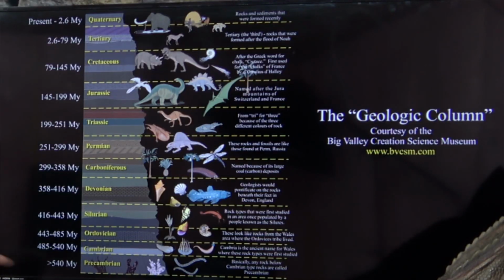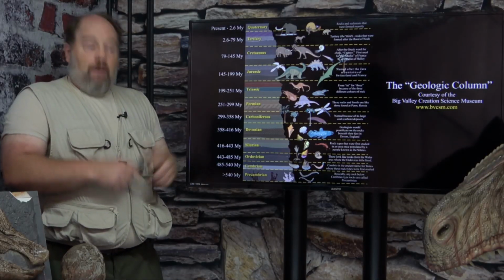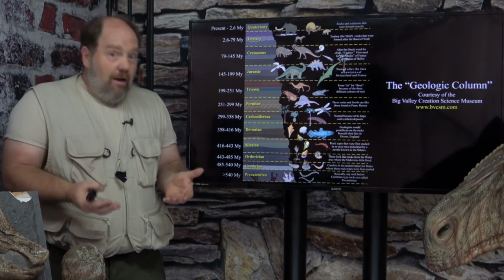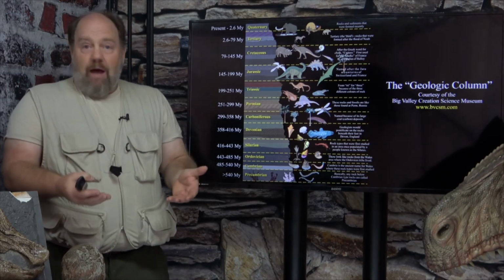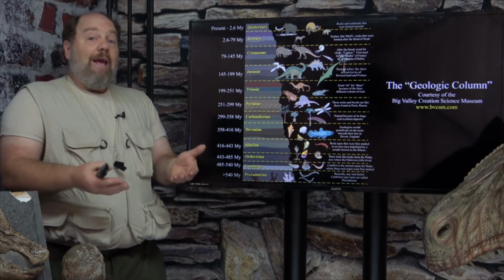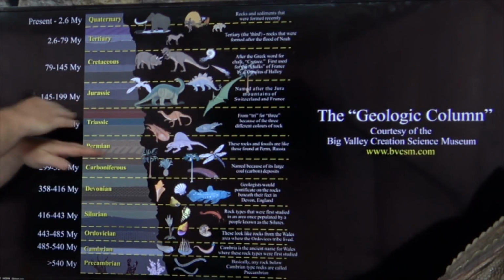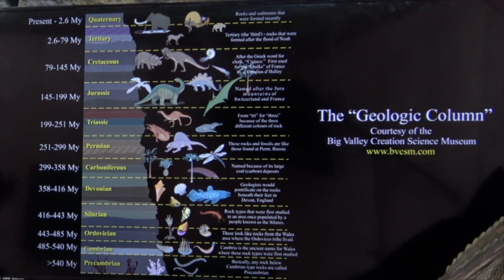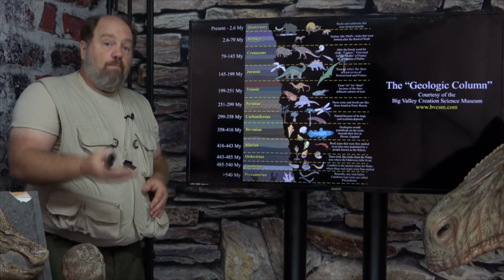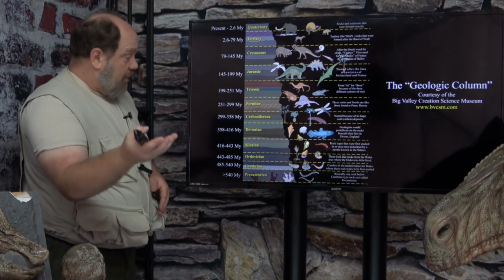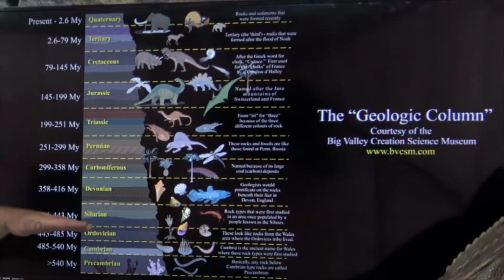All other methods or techniques of deriving the age of the rock bow to these assigned ages. For example, if you have a layer of rock like lavas, which do not contain fossils, the age of the lava flow is based upon the ages of the fossils below and above the lava flows. So if you have fossiliferous layers below the lava flow that are assigned to, say, the Ordovician period.